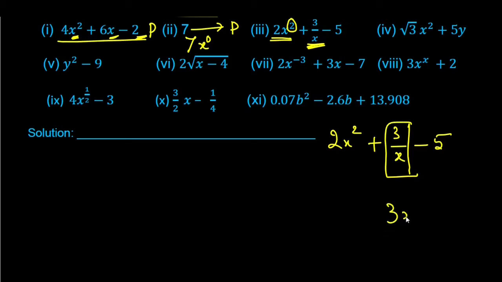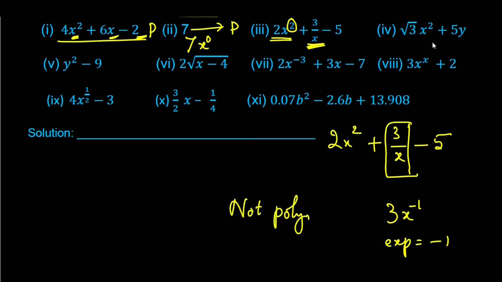A variable in the denominator can be written as having an exponent of a negative value. So this can be written as 3x power minus 1. The exponent here is minus 1, which is not a whole number. So as one term has no whole number exponent, this algebraic expression is not a polynomial.